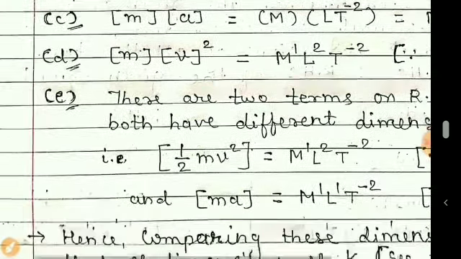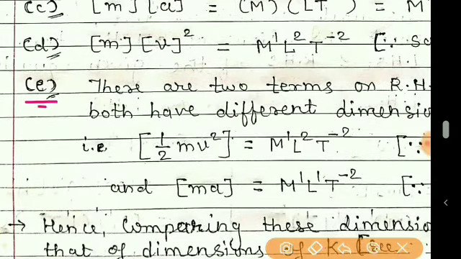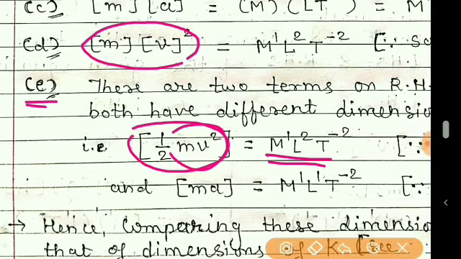Then for equation number E, there are two terms on the right hand side. For the first term, half mv square, we can write this, because we have already done it. See, mv square here also, mv square here, so this dimension is the same as this. This half does not have any dimension, so no need to consider it.